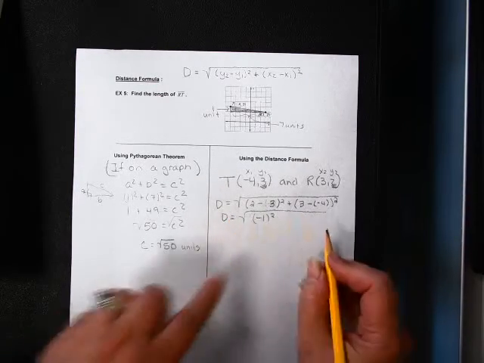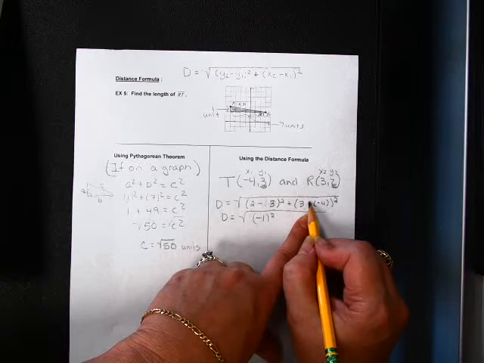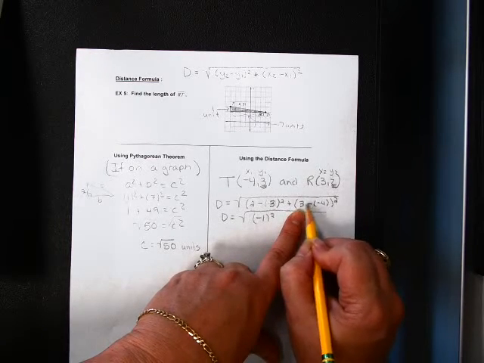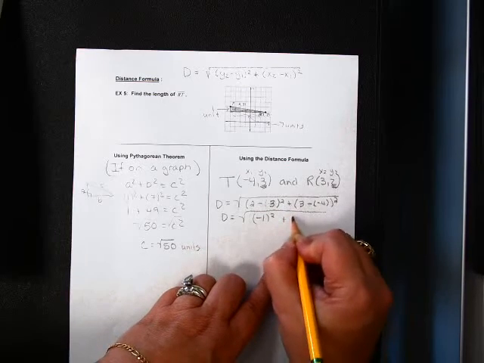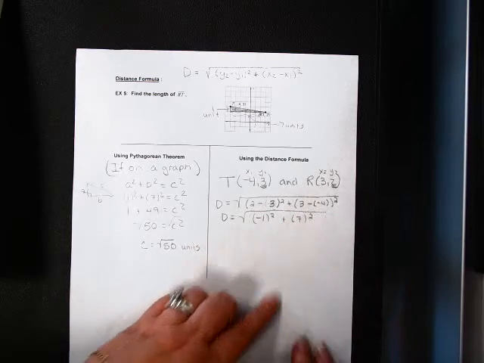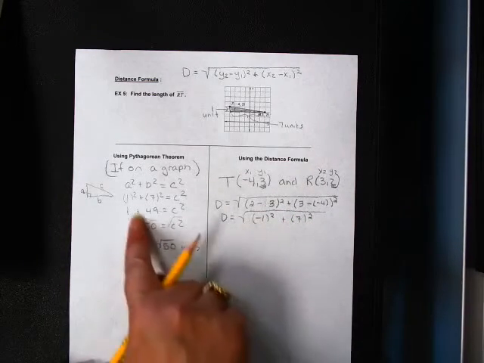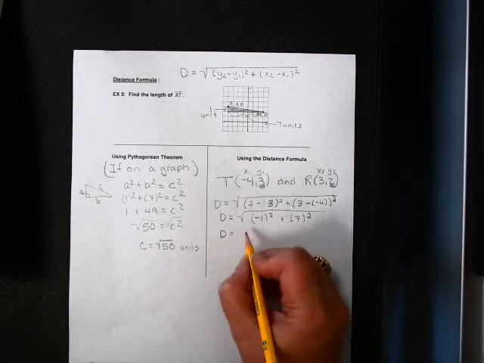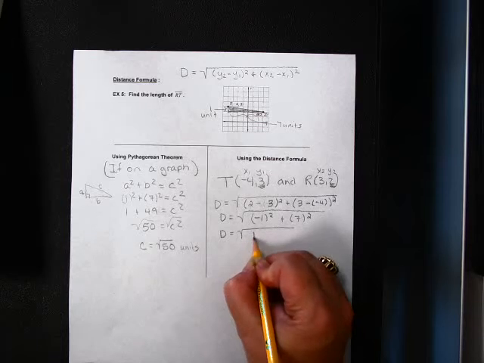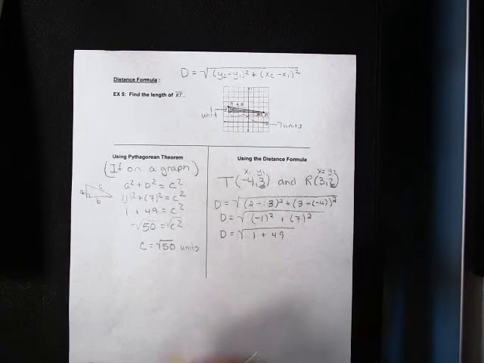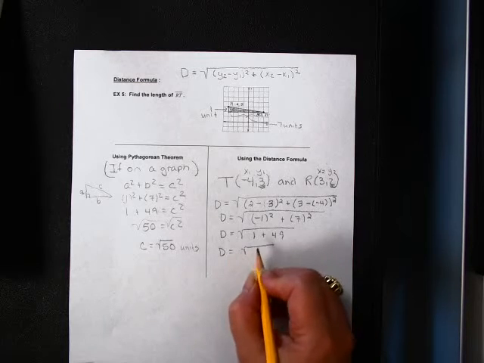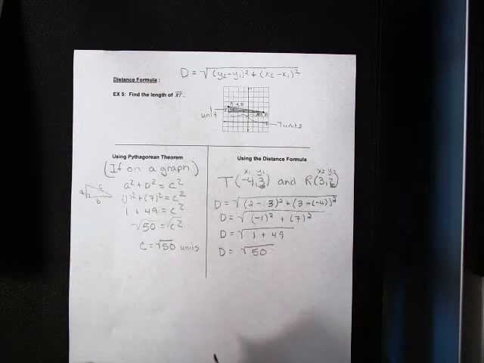Now it's time to simplify. And then here, that's going to be a negative makes a plus. So that's going to be 3 plus 4, which is 7. So this is going to be 7 squared. And if you notice, you're getting some of the same numbers over here. So D equals 1 plus 49. All right, so D is going to be the square root of 50.